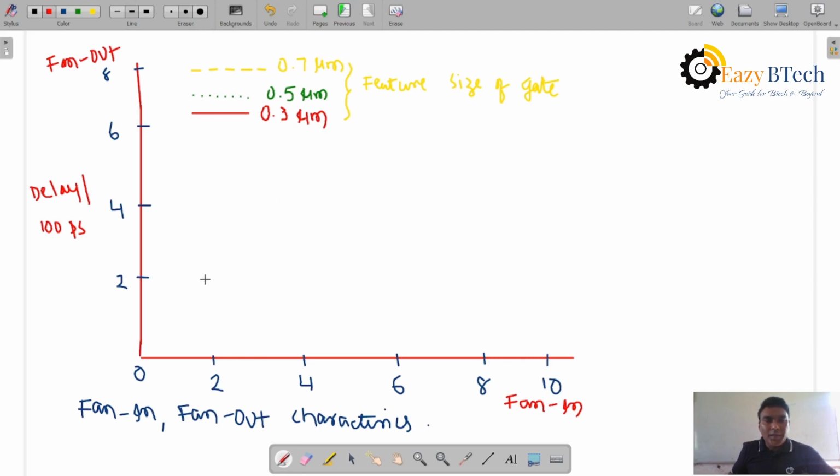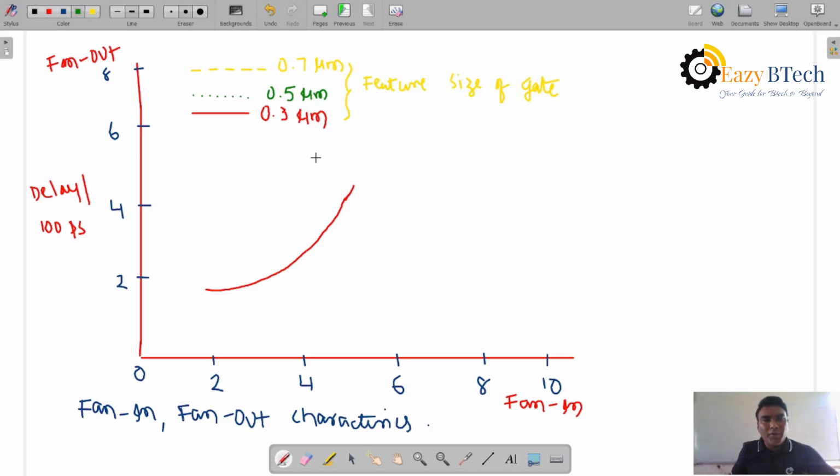So fan out increases, it may increase the delay, it will be like exponentially. The first graph, this one is for 0.3 micrometer. As the fan outs increase, the delay is exponentially increased.